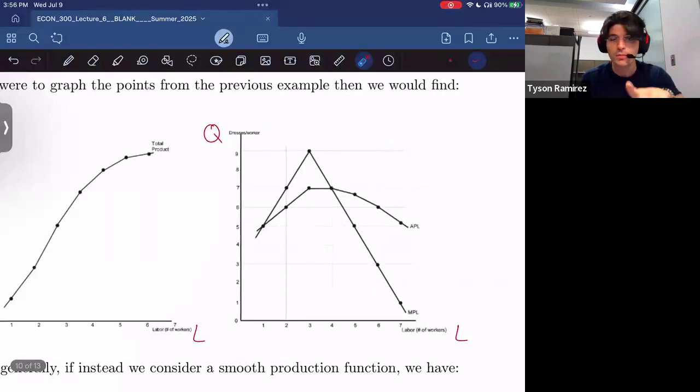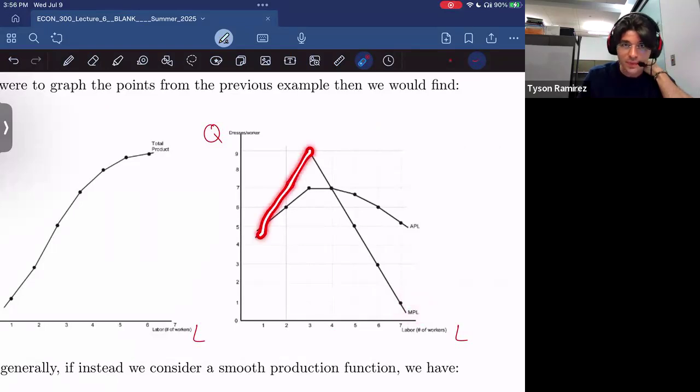If instead we were to plot the marginal product and the average product, then what we'd see, this is the MP, we see that we have increasing marginal product up to this inflection point, and then we see the diminishing marginal product.